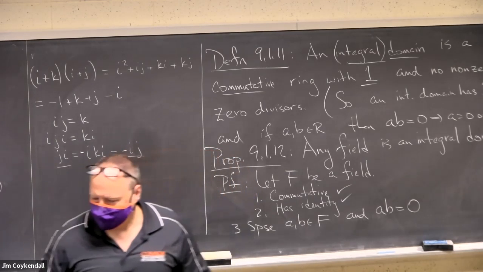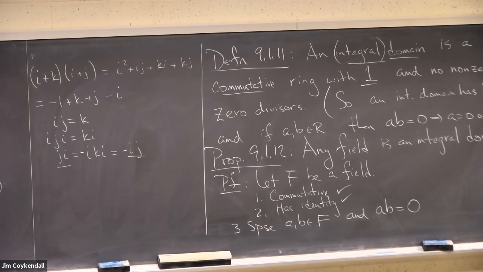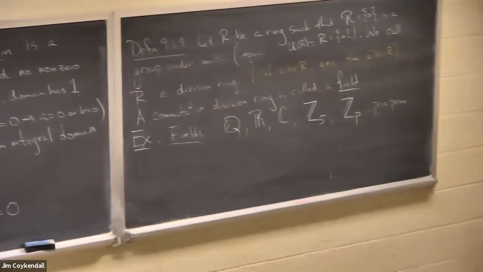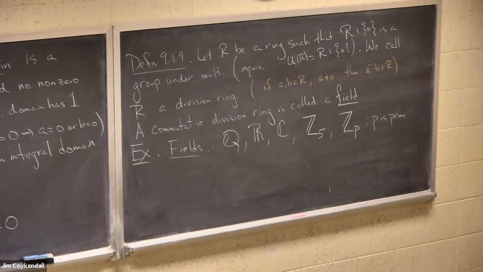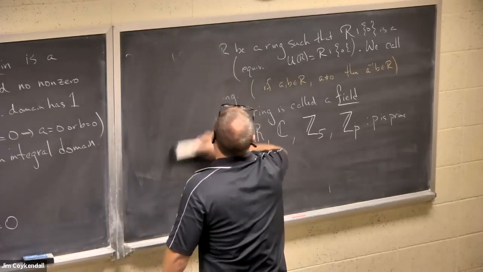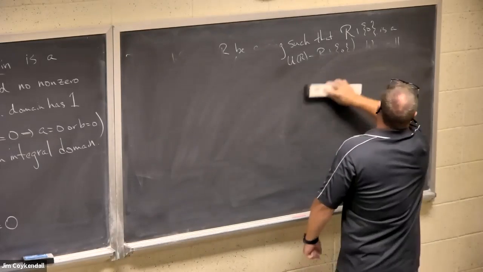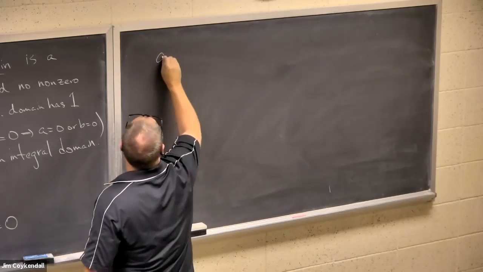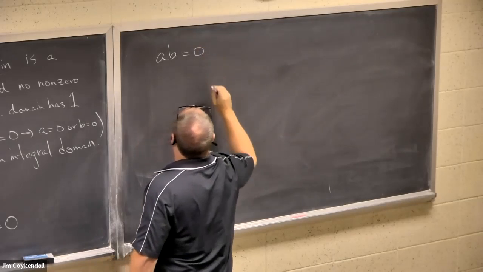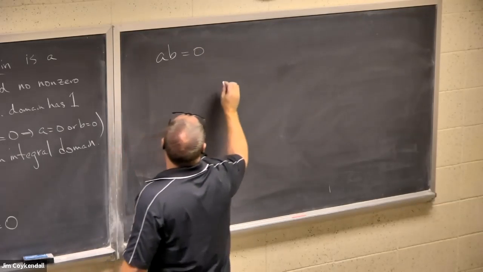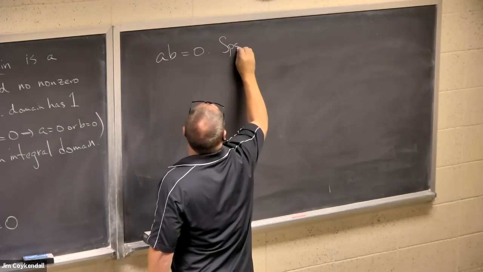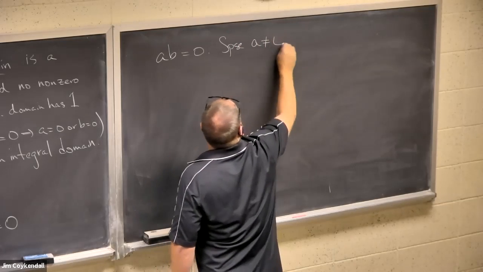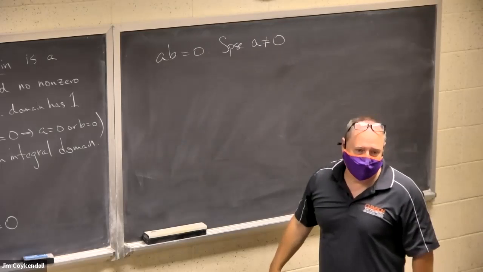suppose that you have the product of two things in the field being zero, AB equals 0. We want to prove that one of those things has to be zero. Now suppose A is zero, because if A is zero, then we're done.